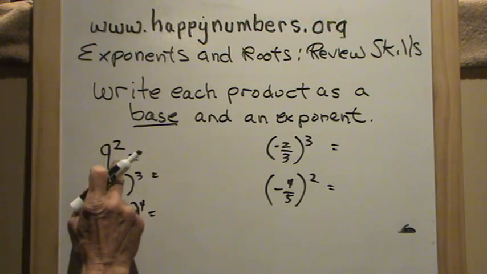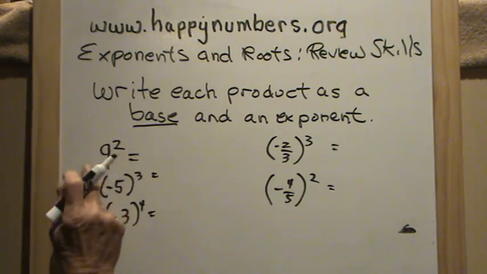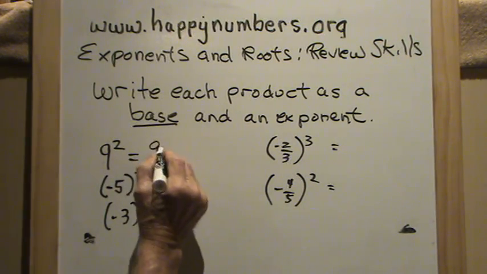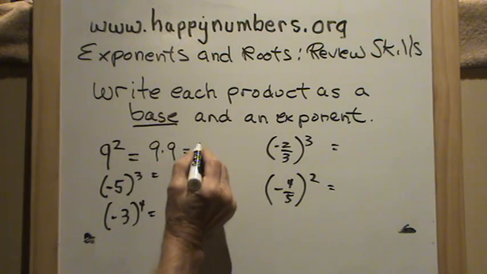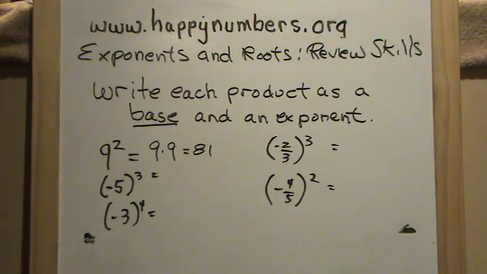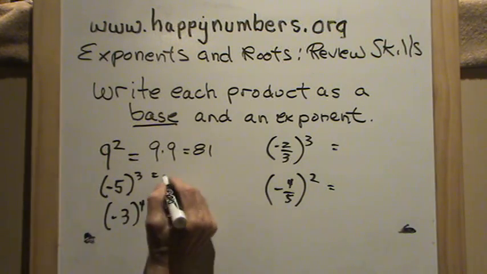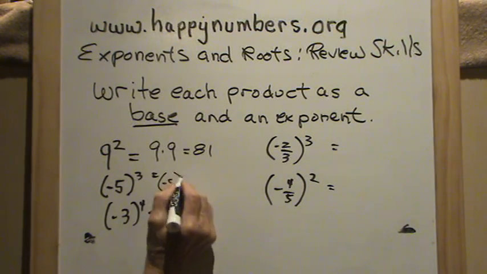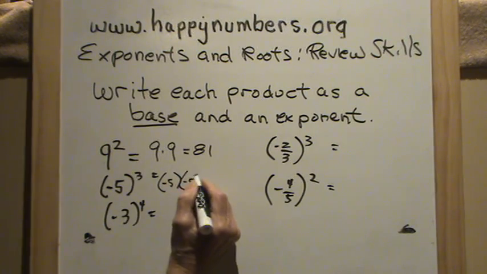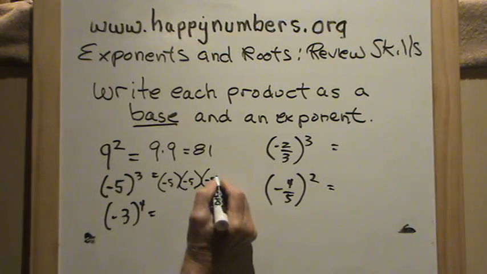All right, here we go. Well, 9 to the second power, or 9 squared, is 9 times 9, and 9 times 9 is 81. -5 to the third power is -5 times -5 times -5.